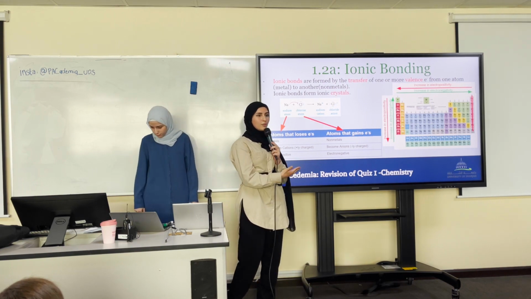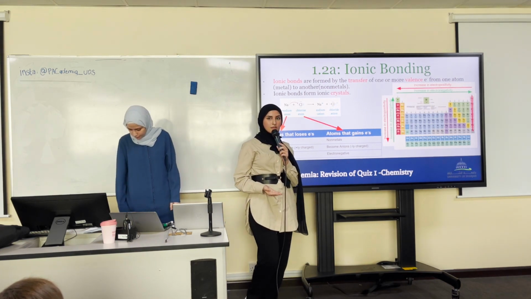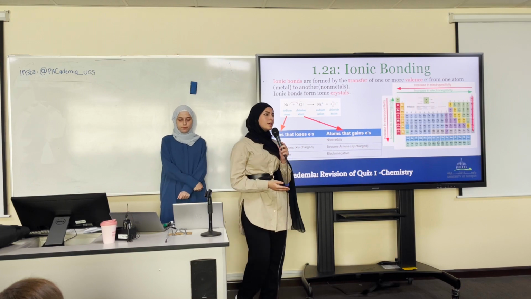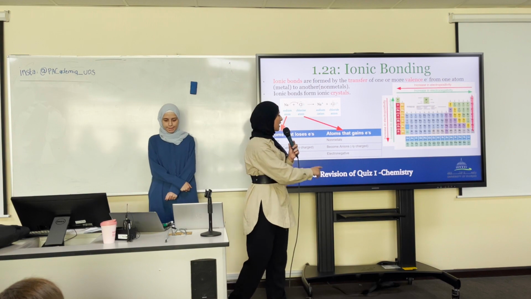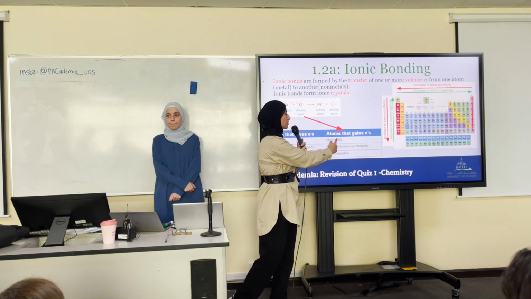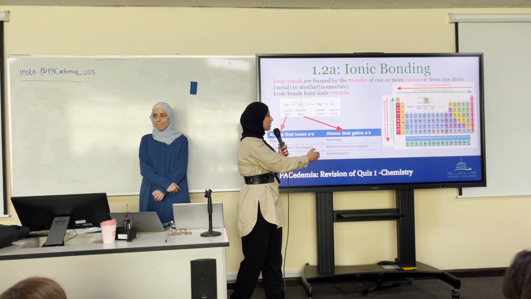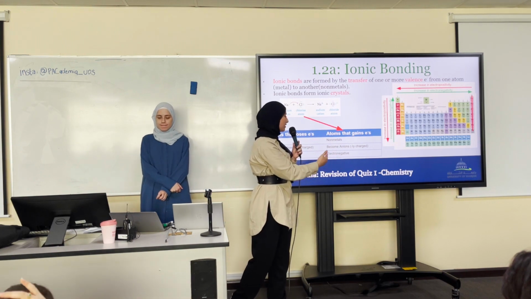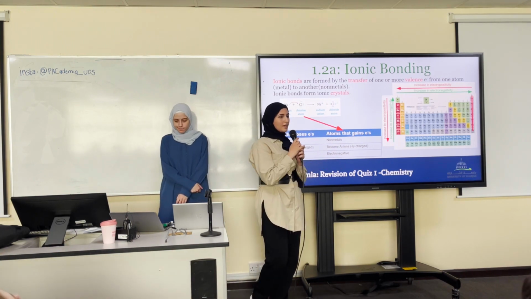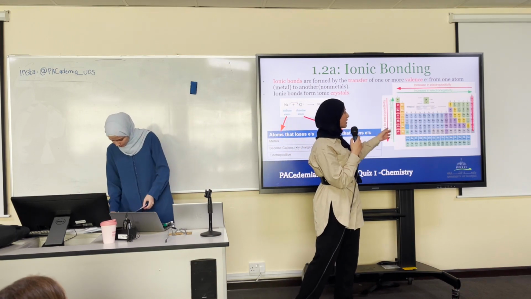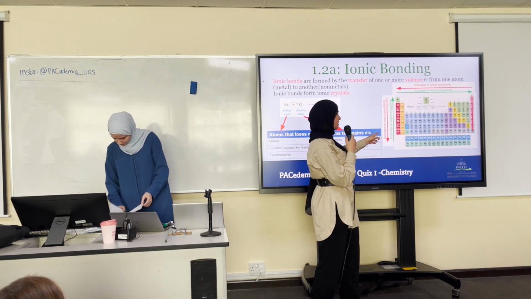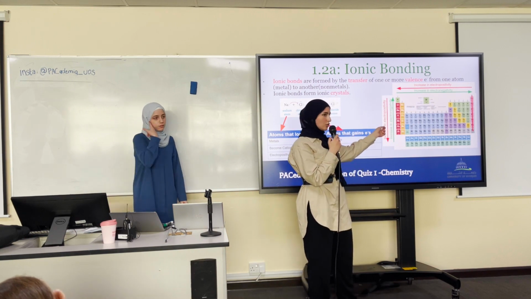Do you know what electropositive means? They have the tendency to lose an electron. Atoms that gain electrons become anions, and they are electronegative. So this is the trend of the periodic table for electronegativity and electropositivity.